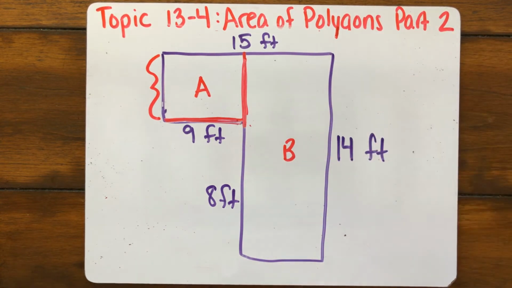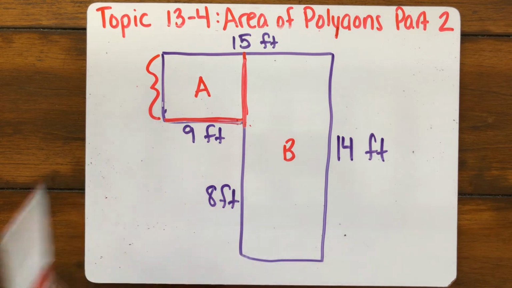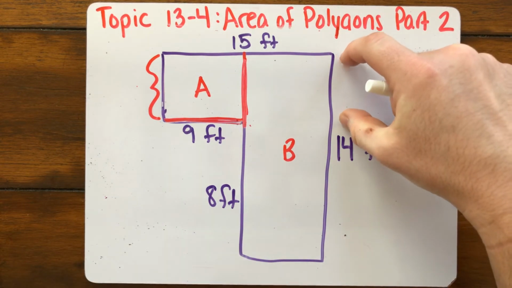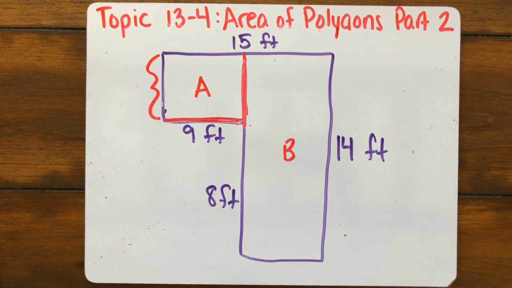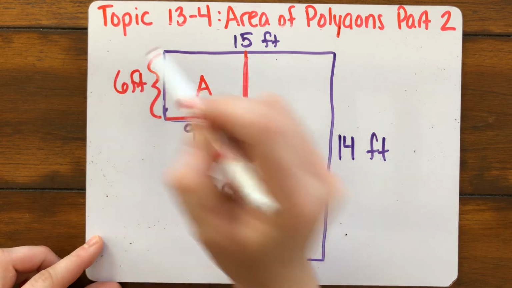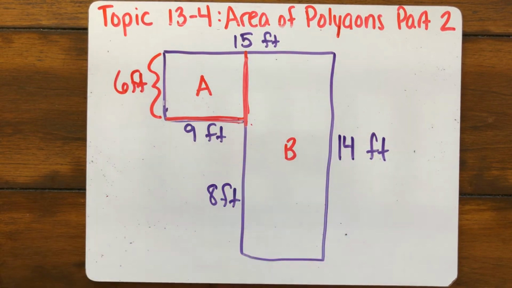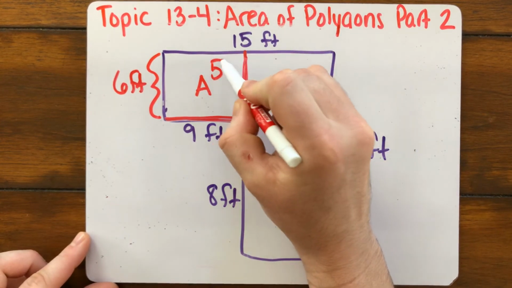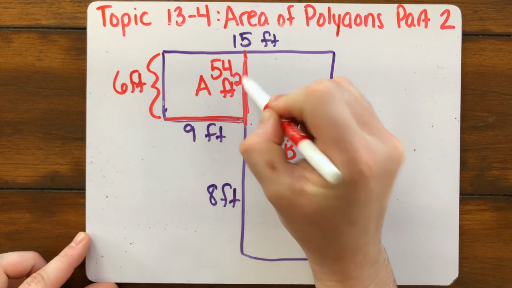So what can I do with 14 and 8 to find out what that remaining section would be right here? Well, I can subtract them. So 14 minus 8 is 6 feet. So now I know A, 9 times 6, which is 54 feet squared.